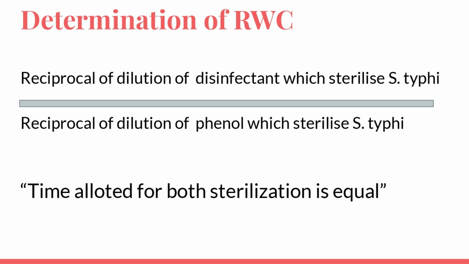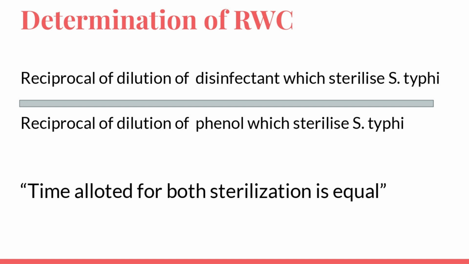Rideal-Walker coefficient is equal to 450 divided by 90. That is, 450 is the dilution of the disinfectant divided by 90, the dilution of the phenol, which is needed to sterilize Salmonella typhi.